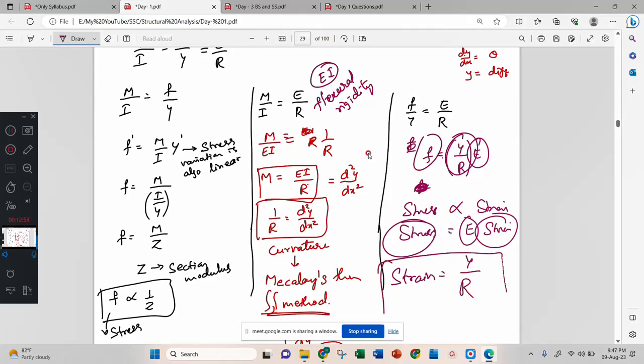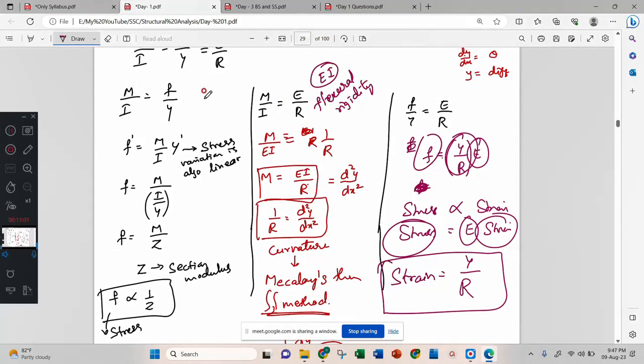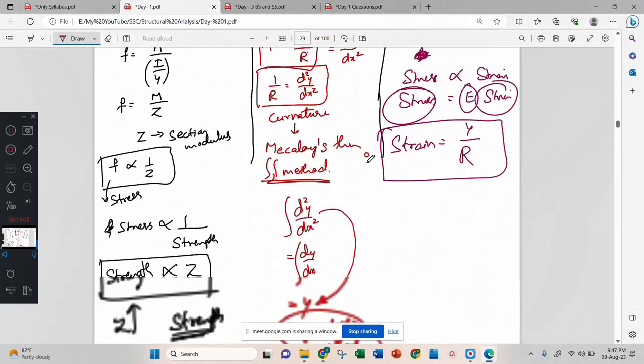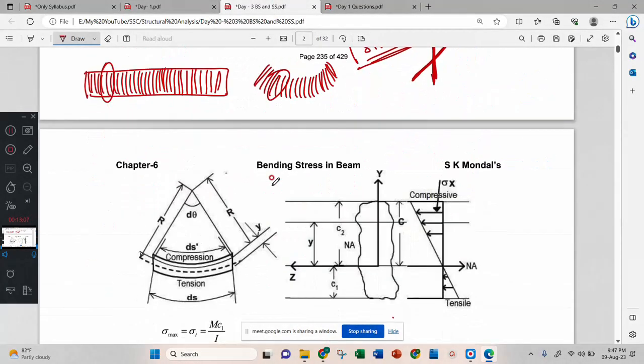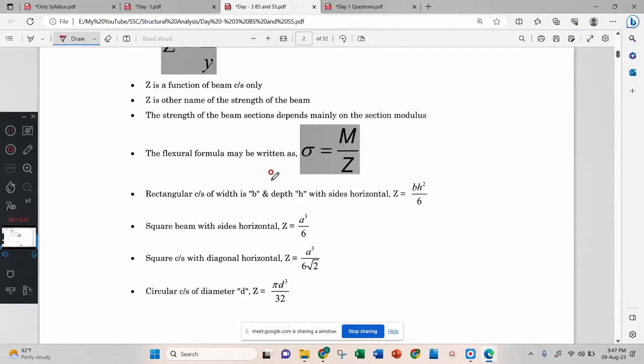Conclusion: strain equals y by r, right? All of this we can remember from bending stress theory. Everything is covered here; they have calculated the z value, so just remember these by heart. Okay.